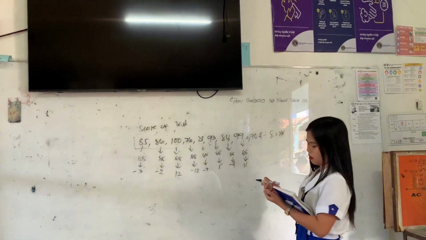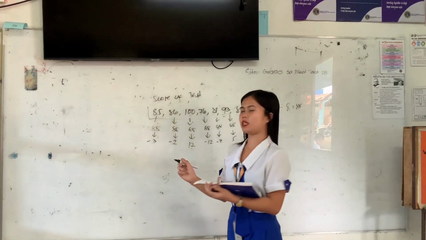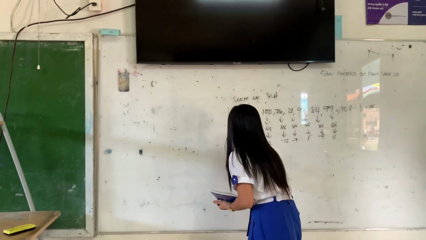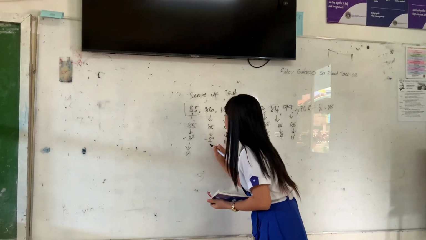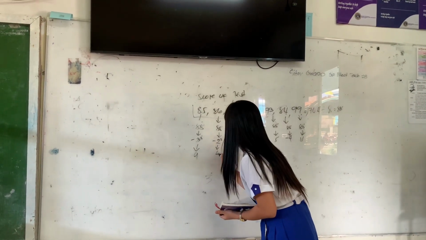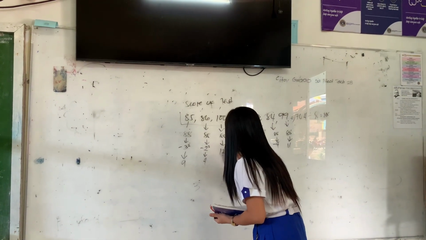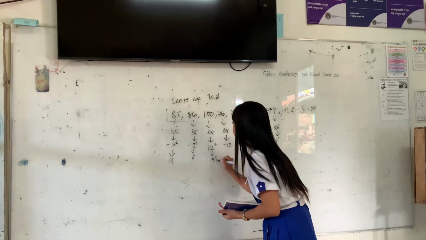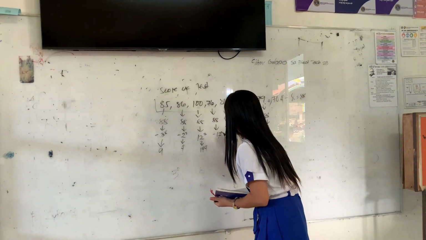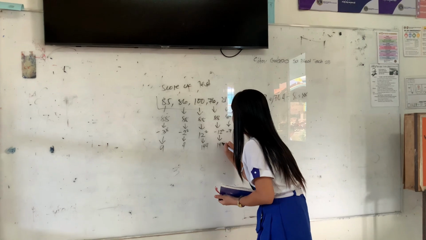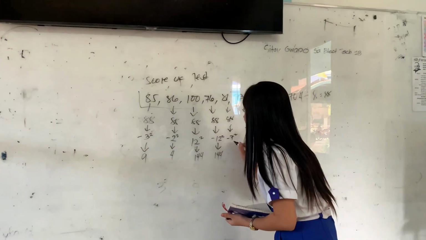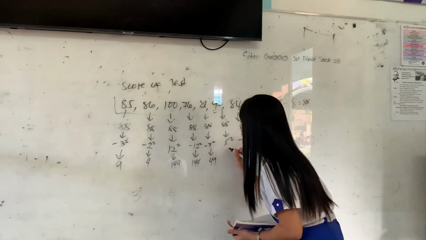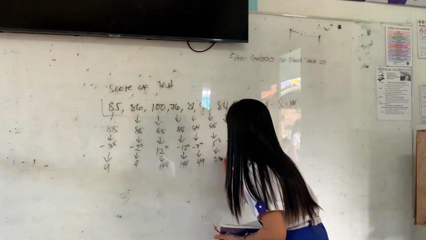Next step is square each deviation. So negative 3 squared is equal to 9. Negative 2 squared is equal to 4. 12 squared is equal to 144. Negative 12 squared is equal to 144. Negative 7 squared is equal to 49. 5 squared is equal to 25.